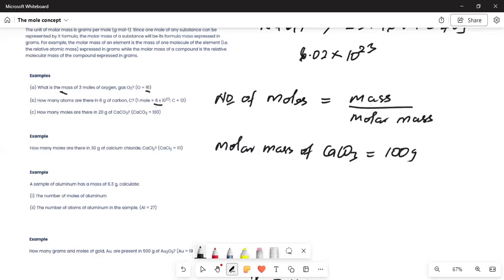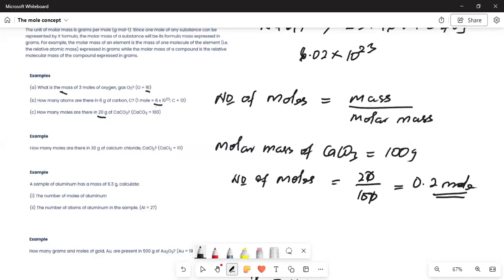So if number of moles is mass over molar mass, and molar mass of calcium carbonate is 100 grams, then the number of moles in 20 grams will be 20, which is the mass, divided by the molar mass 100, and that is 0.2 mole. Then the second example says, how many moles are there in 30 grams of calcium chloride, given that the molar mass of calcium chloride is 111.